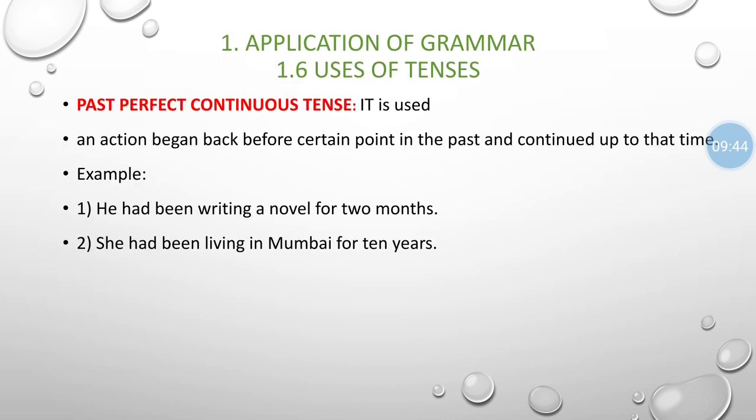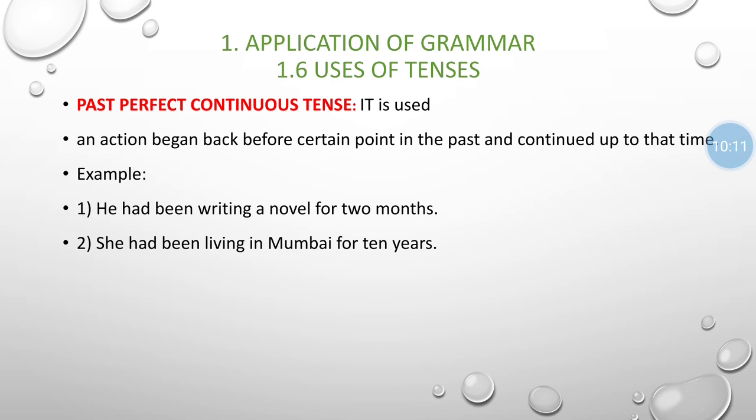Past perfect continuous tense indicates that some action is partly complete in the past and the remaining action is incomplete, continuing toward the present. An action began before a certain point in the past and continued up to that time. For example, he had been writing a novel for 2 months.